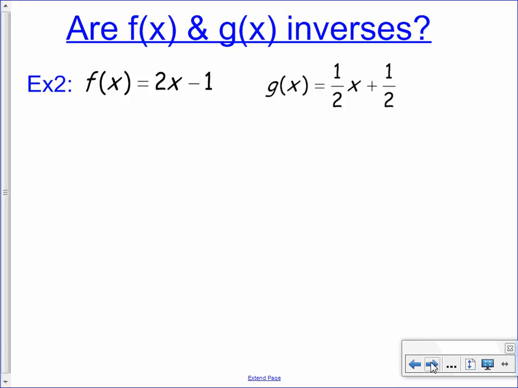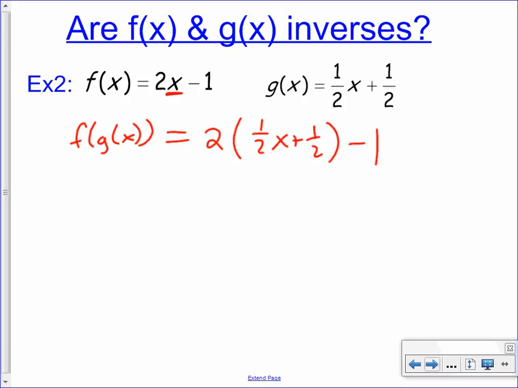All right, here we go. Take f of g of x. You're replacing that x with the function, so 2 times 1/2 x plus 1/2, minus 1. Distribute. So x plus 1 minus 1 is x.